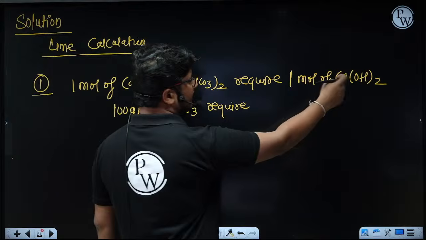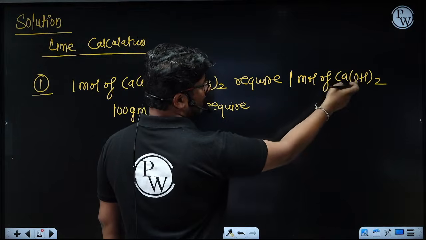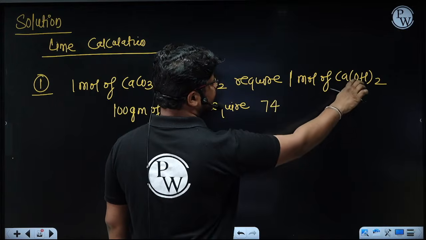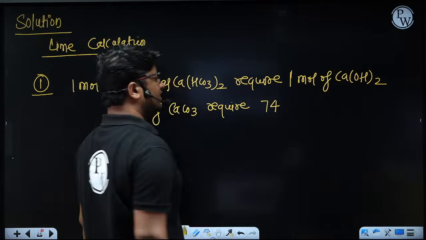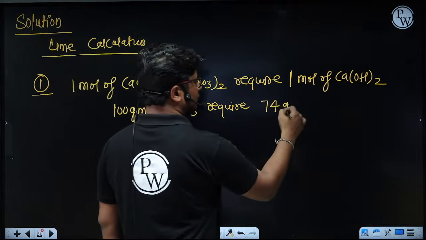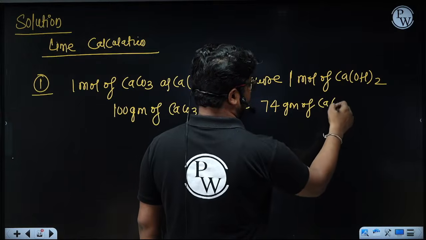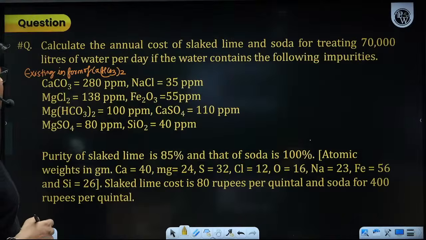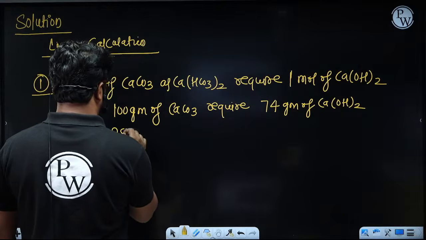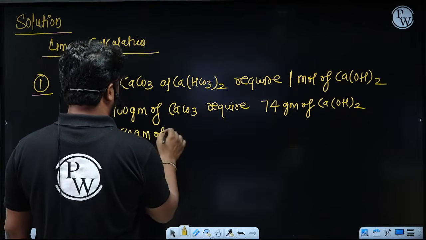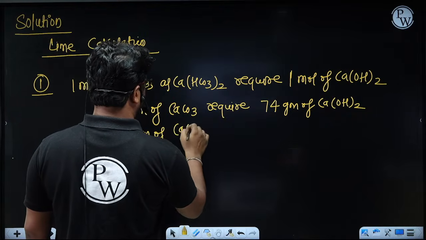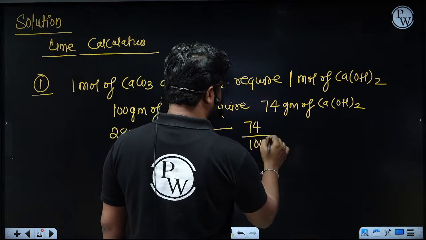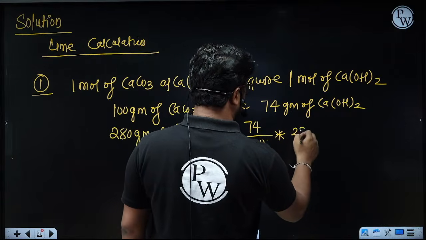The molecular mass of calcium hydroxide is 74 gram: oxygen 16 plus 1 is 17, into 2, and then 74 gram. Now we have 280 gram of CaCO3, that will require 74 divided by 100 into 280.